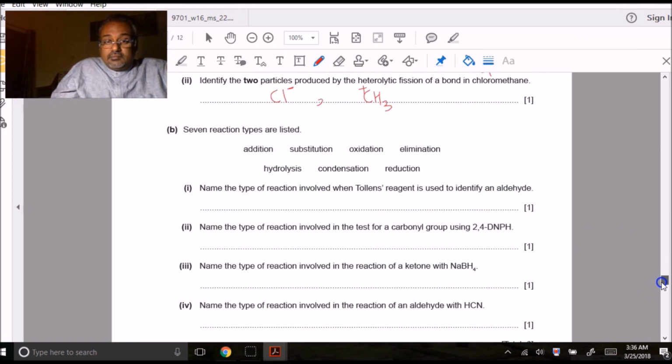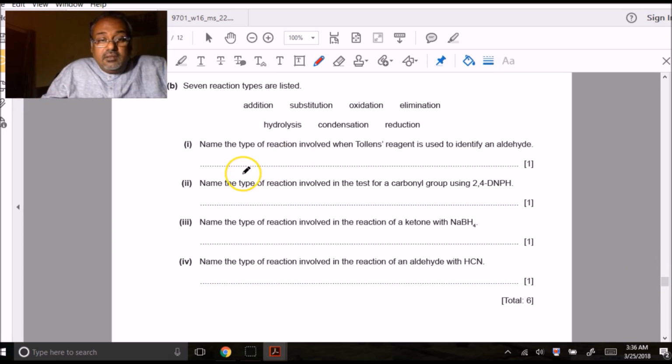And then this question talks about 4 kinds of reactions mentioned, and we need to pick the right word which matches that reaction profile. Tollens' reagent, well, this is topic 18, aldehydes and ketones, used for testing the presence of aldehyde.